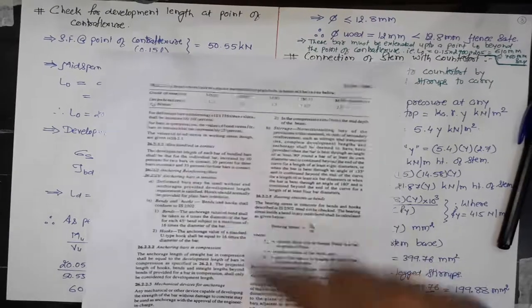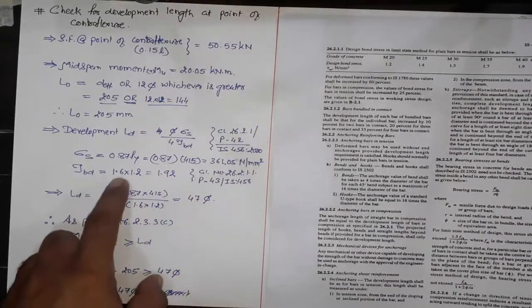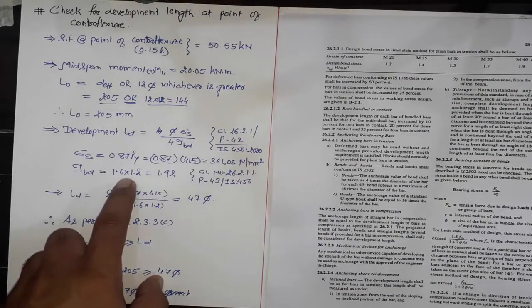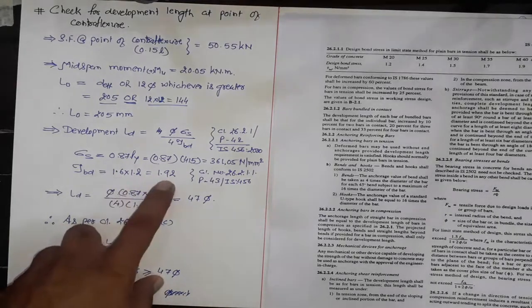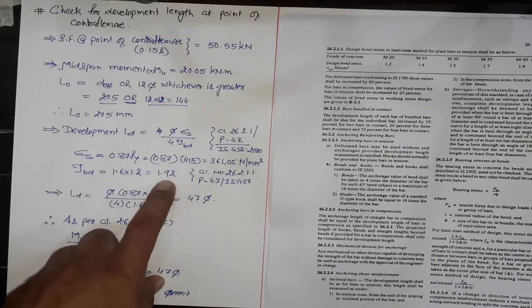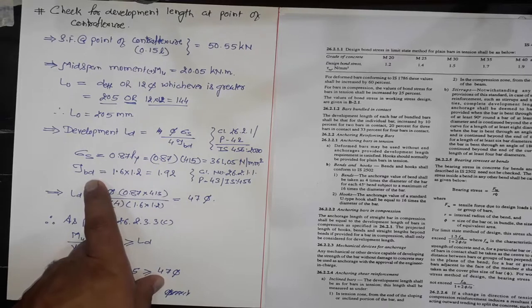This clause is given in page number 73. Here tau BD will be equals to 1.6 times 1.2. We have increased 1.2 by 60%. This will be equals to 1.92. This will be the design bond stress.